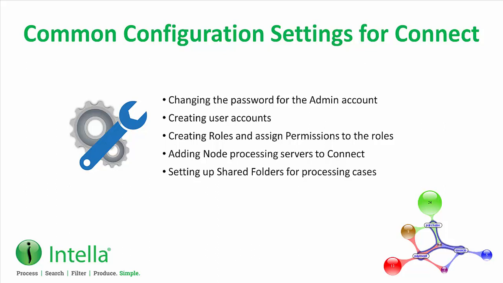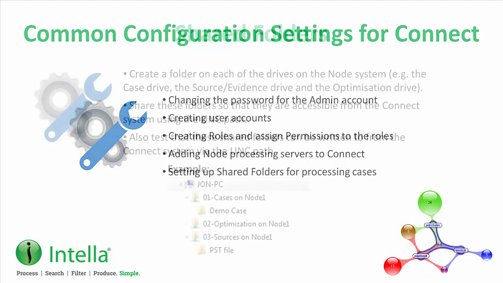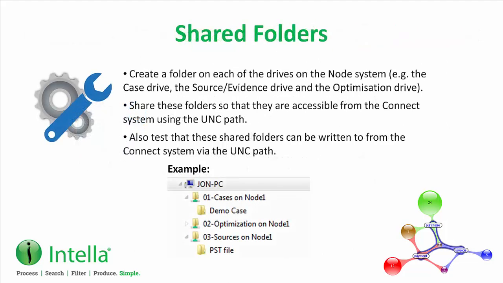Having the shared folder locations local to the Node system will provide better performance, and it is the most efficient method for indexing cases. On the Node system, create a shared folder on each of the 3 drives used for processing. These are the case drive, the source or evidence drive, and the optimization drive.